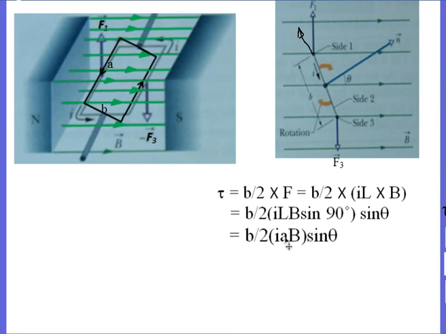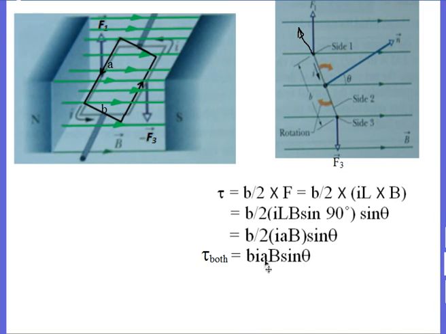So I make that replacement, and I got rid of the sine 90. Finally, this torque is being produced here at force 1 and at force 3, and both of those torques are in the same direction and of the same magnitude. So the net torque here is going to be twice this amount, so I lose the 1/2.